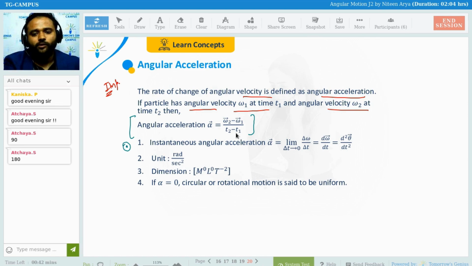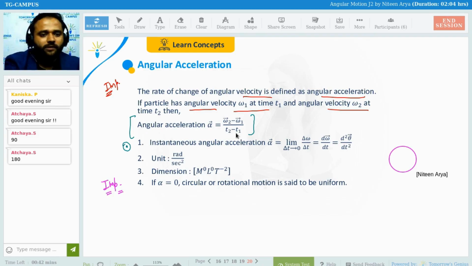Unit is radian per second square, and the dimension is M0 L0 T to the power minus 2. If alpha is 0, that is an important point again: for uniform circular or rotational motion, alpha is 0. Why? Because in a circular path omega is constant. What does it mean?